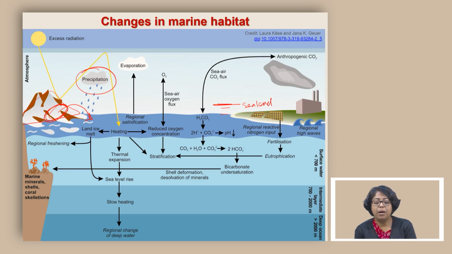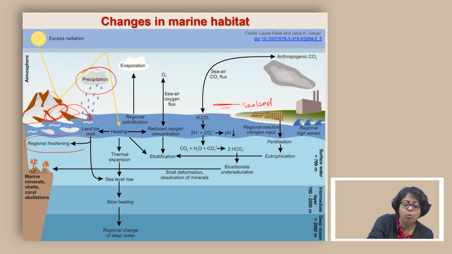The second part is the oxygen concentration as well as the concentration of other gases. Because there would be melting of sea ice, there would be parts of the world with regional freshening.